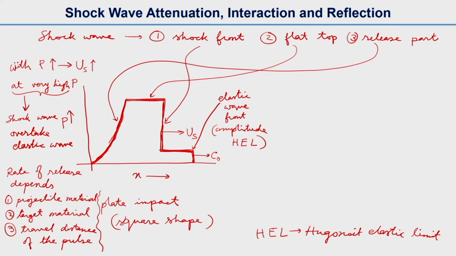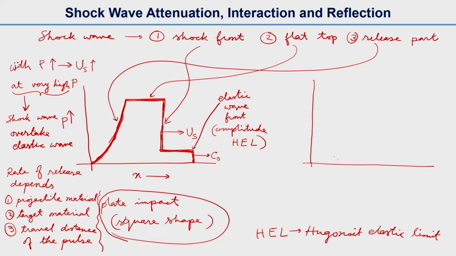So what we discussed is for a square shaped pulse for a plate impact, but I want to show you the other one, which is for explosive detonation or laser pulse. So the same plot, pressure versus distance, with distance how the shock wave will move.